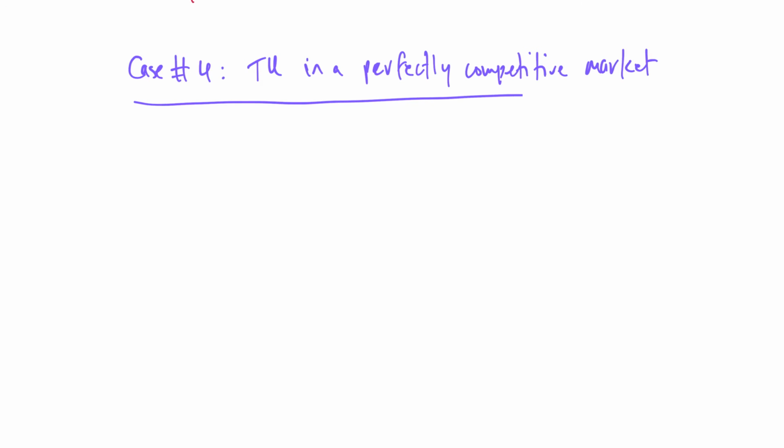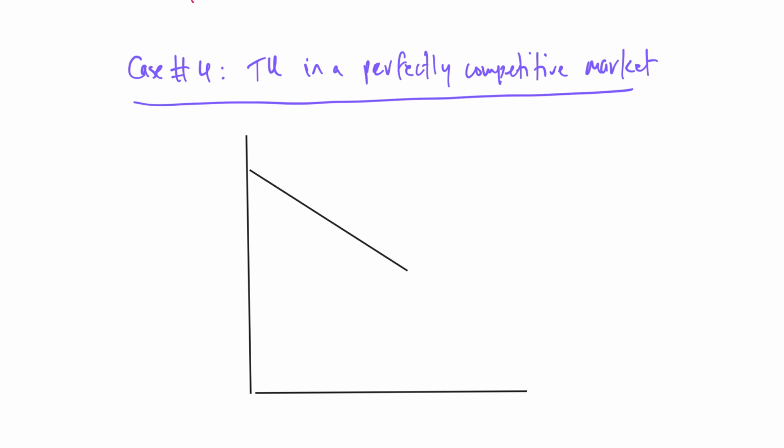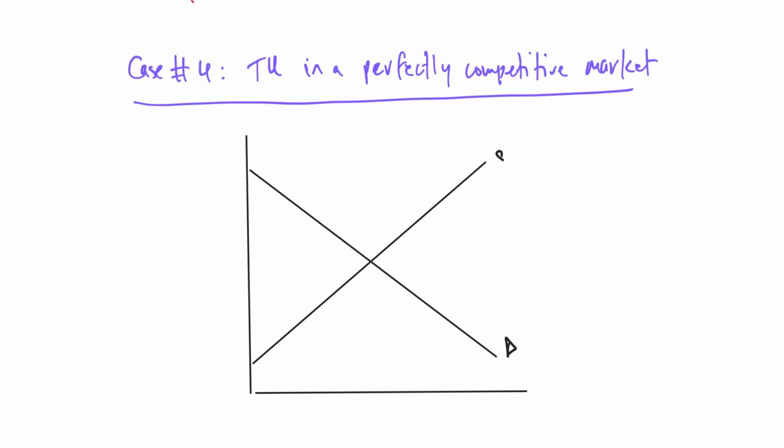In this case, what we say is this, that let's say this is demand, wage and quantity of the perfectly competitive market. And the wage rate.